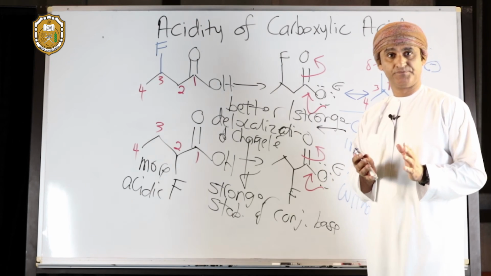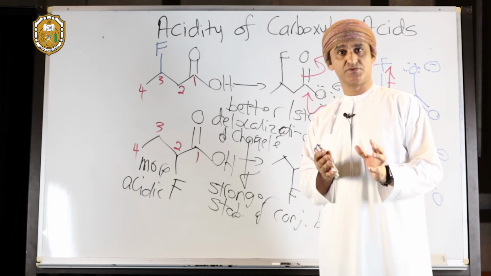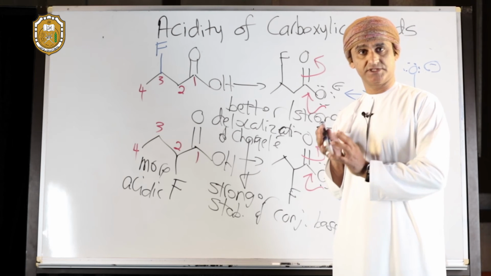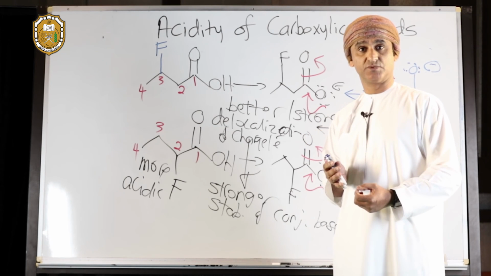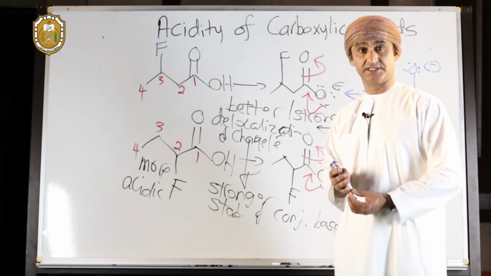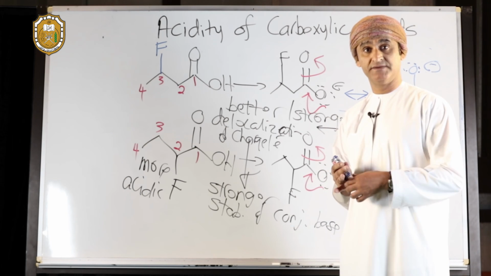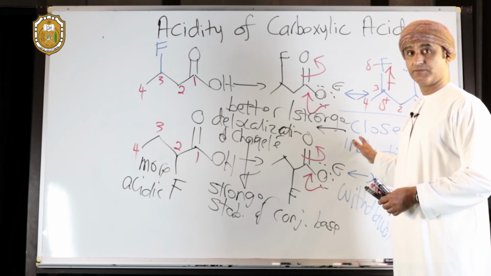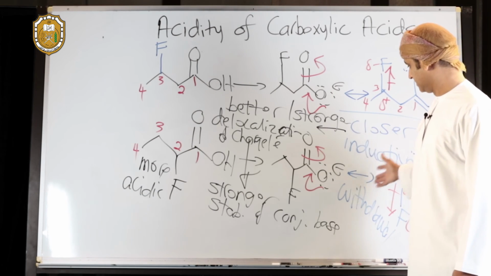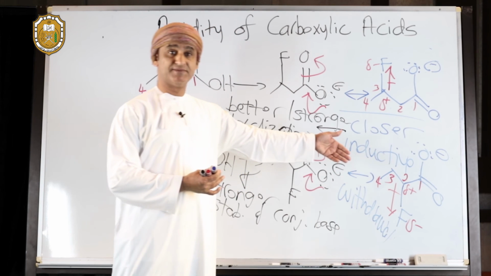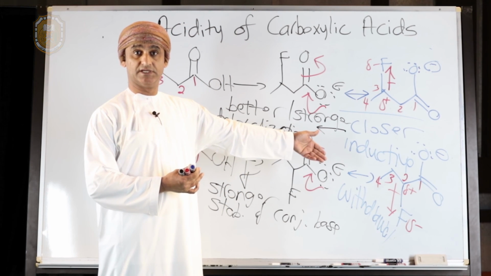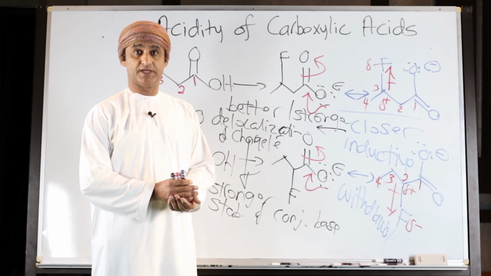The closer the distance between the electron withdrawing group by inductive effect and the carboxylic acid unit, the more acidic the carboxylic acid would be, because then the carboxylate would be more stable and more stabilized by the inductive withdrawal, because of the proximity between the electron withdrawing group and the carboxylate.